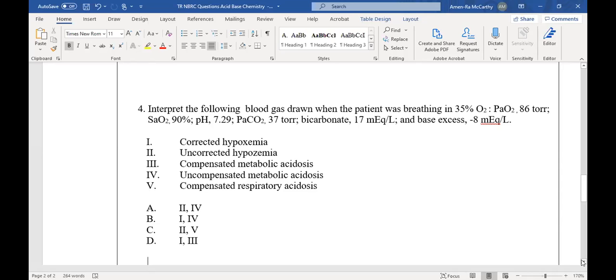So what is CO2? Normal, right? So it's uncompensated. He's not trying to compensate. So it's uncompensated metabolic acidosis with corrected hypoxemia.